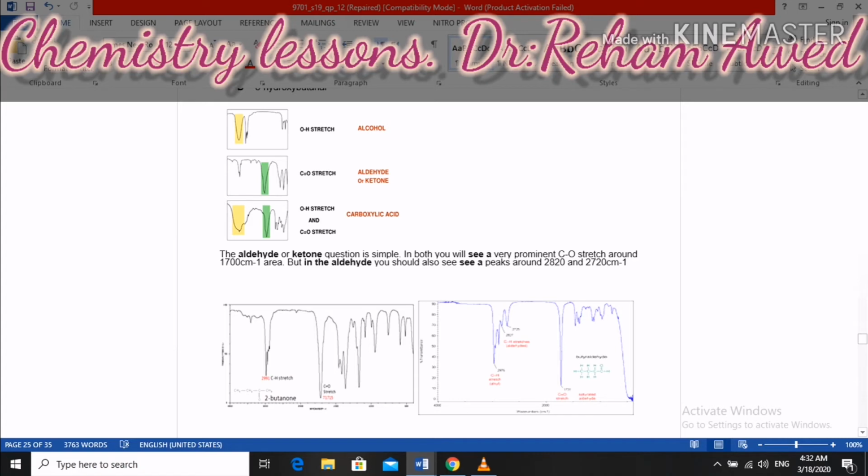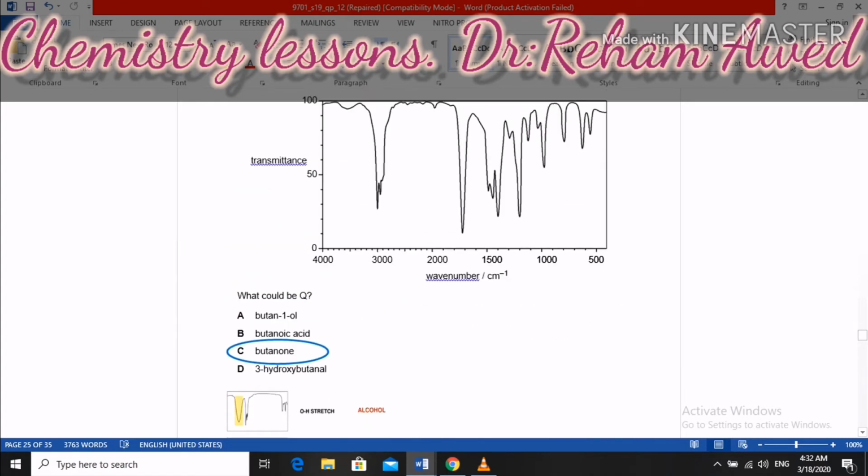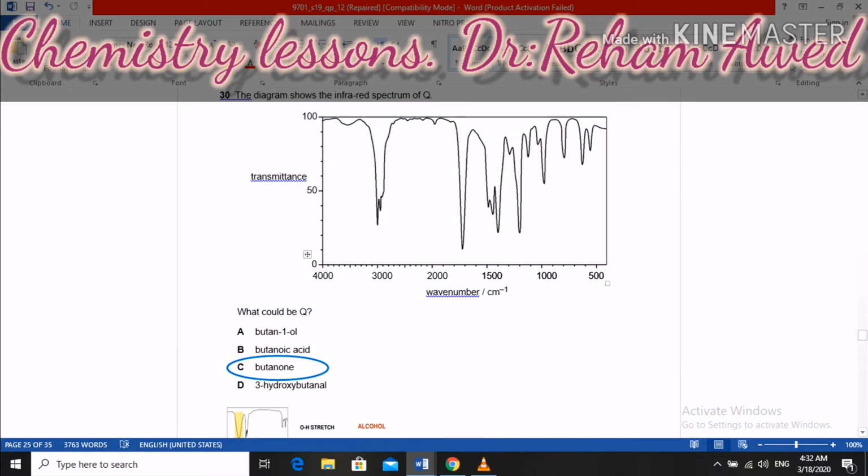So when we start to come back to our compound, at first we have carbonyl group between 1500 and 2000. We have one peak, but this peak is not broad peak. So as we don't have broad peak, we don't have OH group. We don't have alcohol.